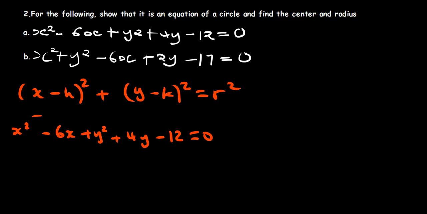So how we get that is we are going to factorize. If you can see the first part here, we can group those and we can group the second part as well, and we can factorize that by completing the square on them. So I have x squared minus 6x.